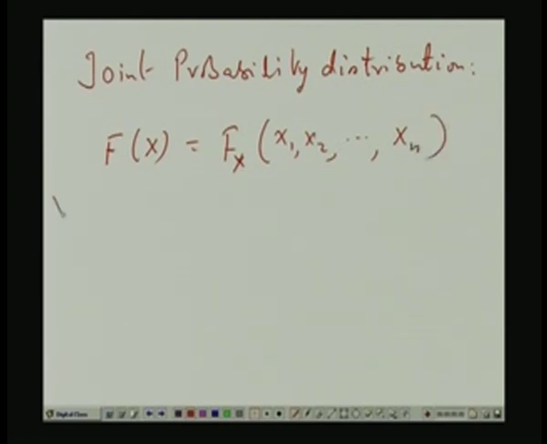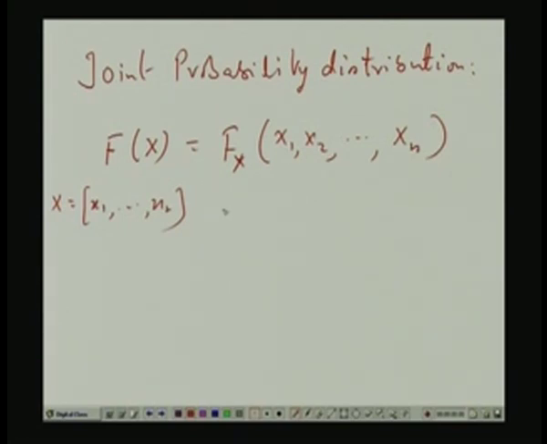This capital X is a vector consisting of the variables small x1 up to small xn. Here capital X1 is a particular value for the variable small x1, capital X2 is a particular value for the variable small x2, and likewise. What does this mean?